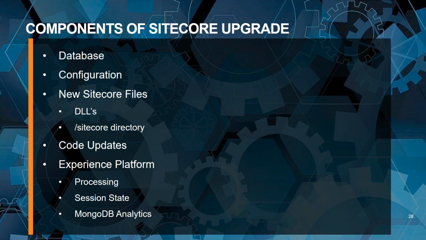And for code updates, for example, if you are using a module that is not supported, like Web Forms for Marketers, which most sites use, it's better to plan what it takes to use the latest forms and the type of code updates needed.